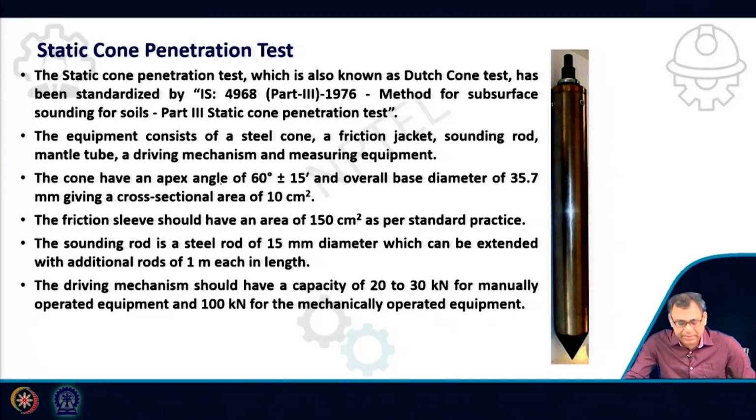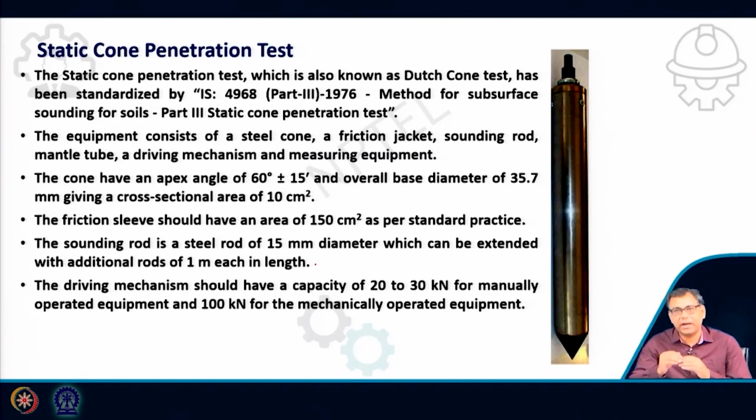The cone has an apex angle of 60 degree plus minus 15 minute. The overall base diameter is 35.7 millimeter, having a cross section area of 10 centimeter square. The friction sleeve should have an area of 150 centimeter square. Now, sounding rod, a steel rod whose diameter is 15 millimeter and can be extended with additional rods of 1 meter each in length.